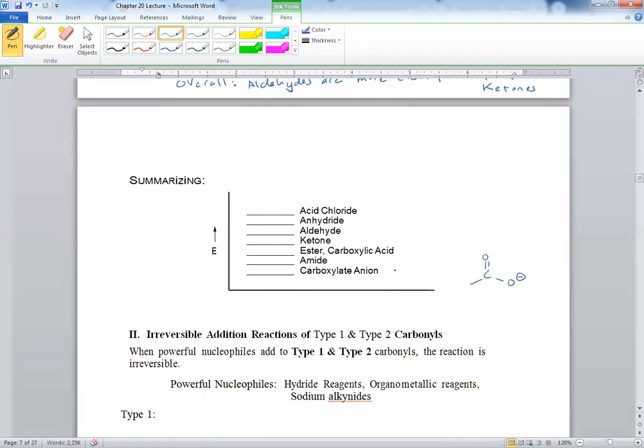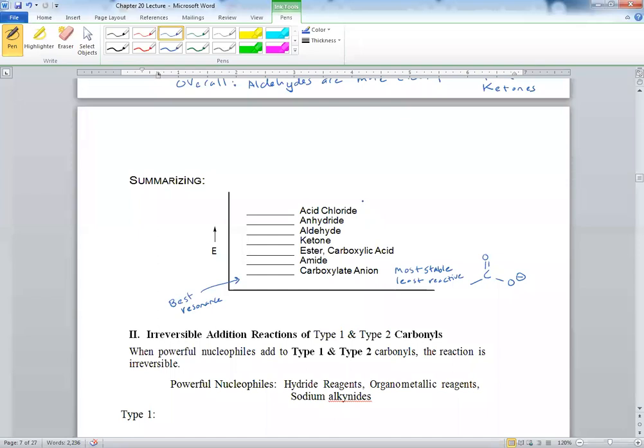So again, this would be most stable, least reactive, once again, because it's best resonance stabilized, as we've shown before.